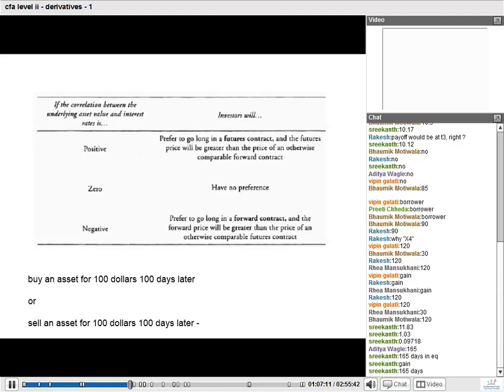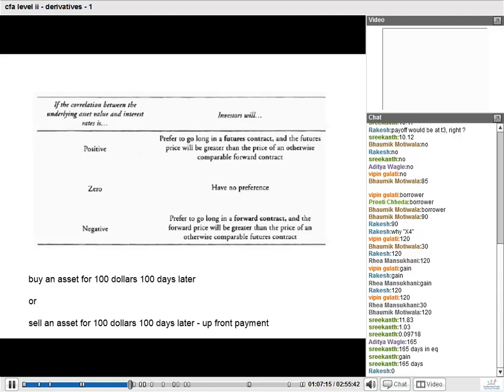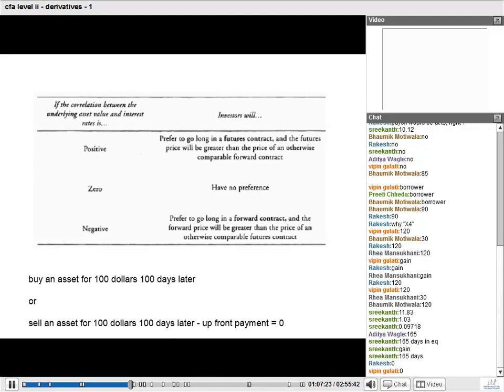What is the upfront payment in either of these contracts? Right now, at t equal to 0, how much will I have to pay if this is a forward contract? It will be 0. As the asset prices change, as the stock price moves up or down, we understood from the previous examples that there could be a gain or a loss.